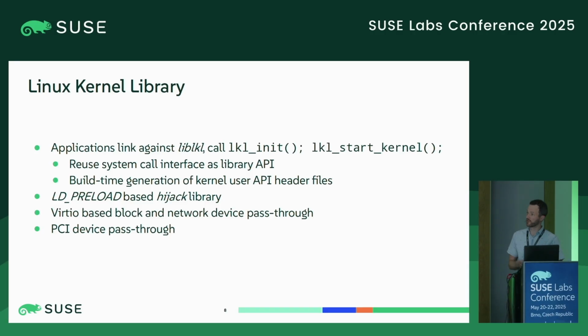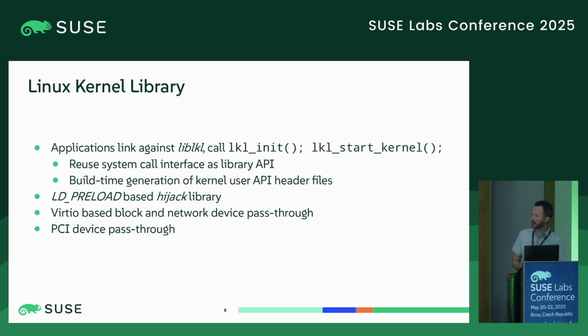lkl also provides a few other tools for testing and benchmarking. There's a hijack library, which is quite handy if you want to run an unmodified binary and plumb that into lkl. You can specify the devices you'd like and IP addresses, things like that, and run it under LD preload.